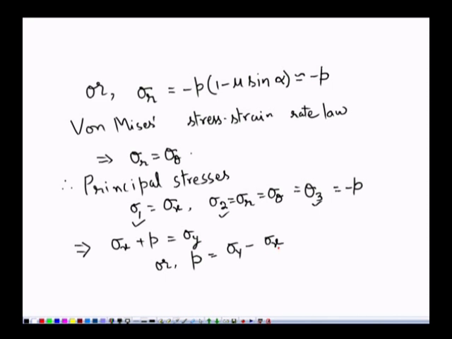So if we put the value of p in the equation that we have derived earlier, r d sigma x plus 2 into sigma x plus p into 1 plus mu by tan alpha into dr, this is equal to 0.